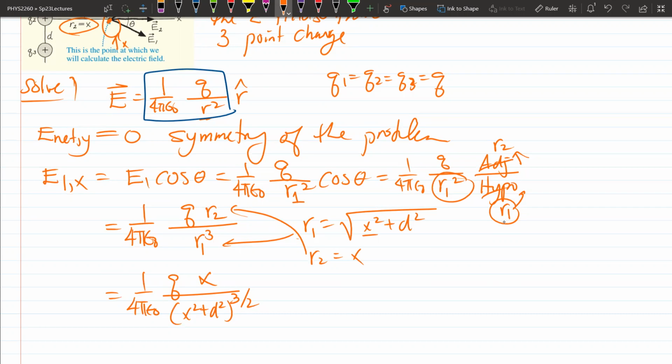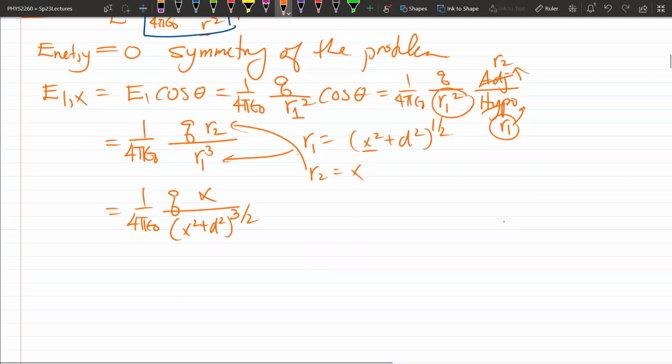When you have a square root, it's the same thing as writing a 1/2 power, right? So R1 is this to the 1/2 power, right? When you take it to the third power, it just goes in the numerator. Okay, so that's actually E1 in the x direction.